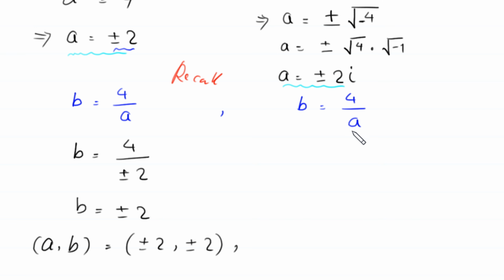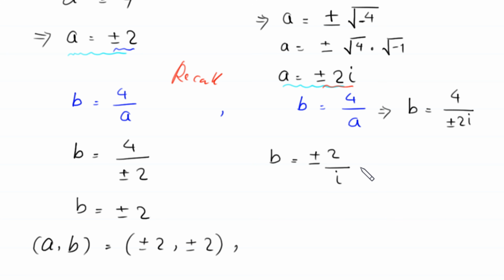Now in this equation we put this value of a plus minus 2i. Then this will become b is equal to 4 divided by plus minus 2i. Next, b is equal to 4 divided by plus minus 2i will become plus minus 2 divided by i.